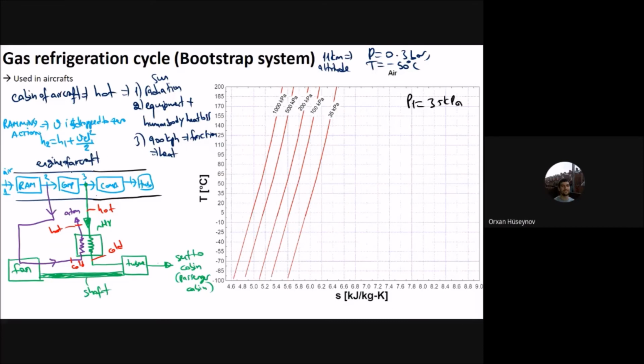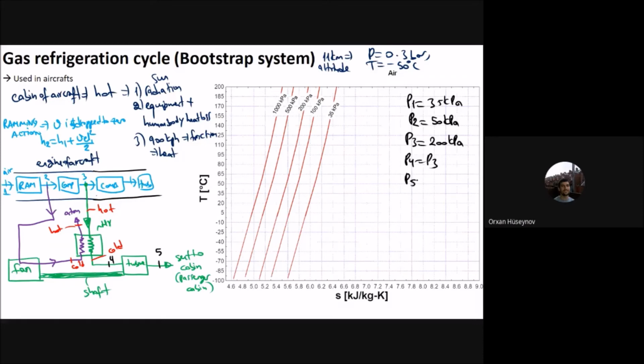After ramming action, let's say P2, I don't know the P2 value, say it is at 50 kilopascal. Then it goes to P3, which can be 200 kilopascal. Then P3 goes through the heat exchanger here, and then I will have point 4. P4 is the same as P3, this is the heat exchanger, then it goes through the turbine, which is 5.